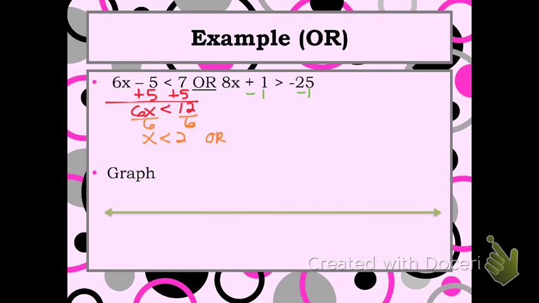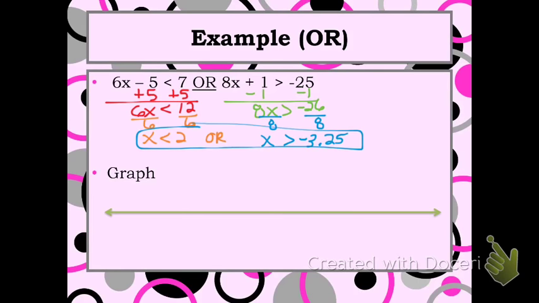For the other equation, we'll subtract 1 from both sides and divide by 8. So algebraically, our answer would be x is less than 2 or x is greater than negative 3.25.